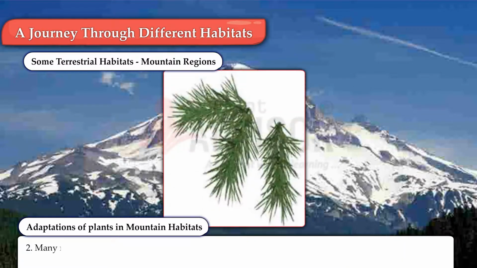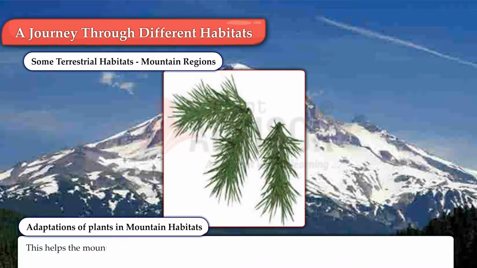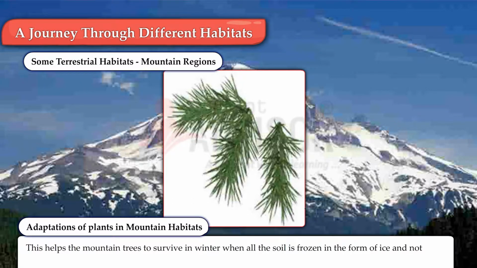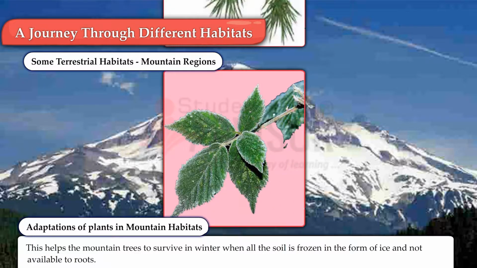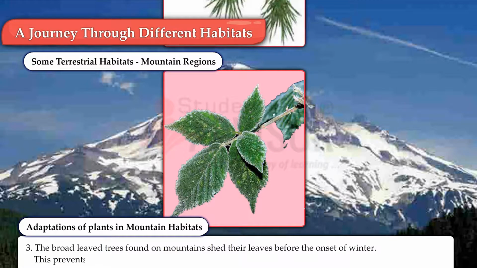Many mountain trees have small, needle-like leaves, due to which they lose very little water in windy conditions. This helps the mountain trees to survive in winter when all the soil is frozen in the form of ice and not available to roots. The broad-leaved trees found on mountains shed their leaves before the onset of winter. This prevents such trees from losing water from leaves.